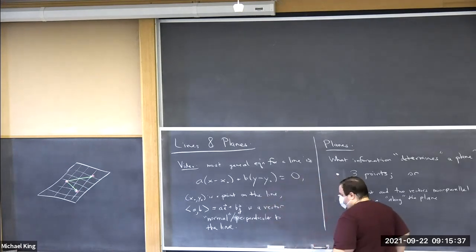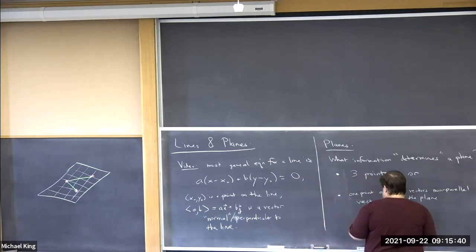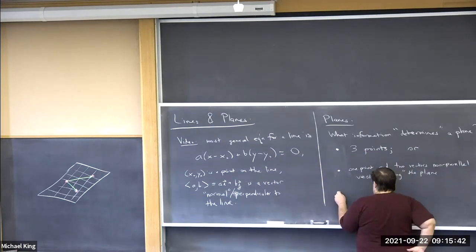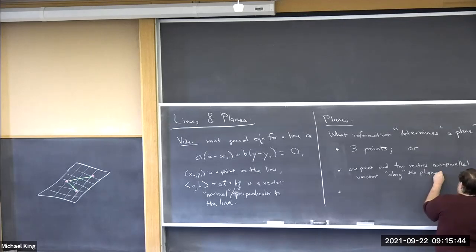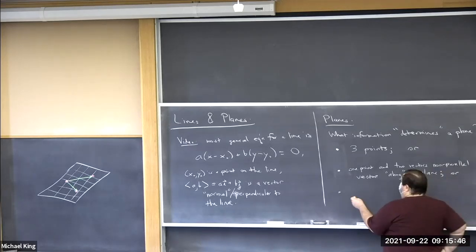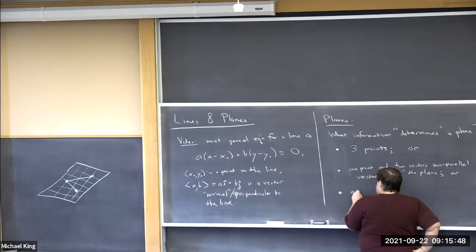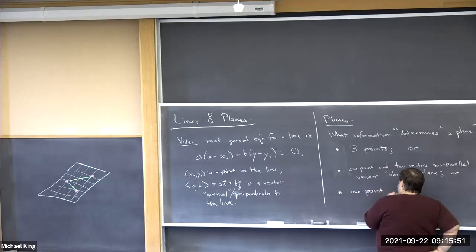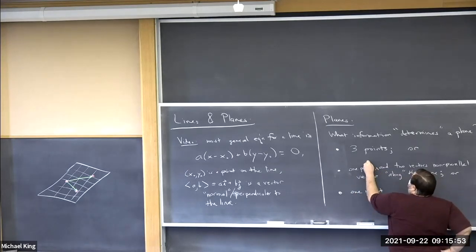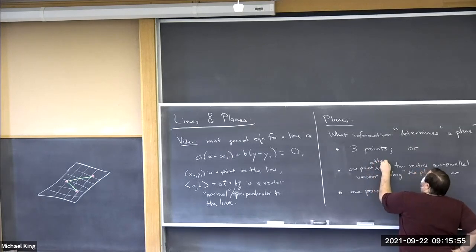So that's good. And that's how we're going to get the equation of planes. So I should say, or 1 point. I guess I should have made this clear that this is in the plane. I guess that goes without saying.